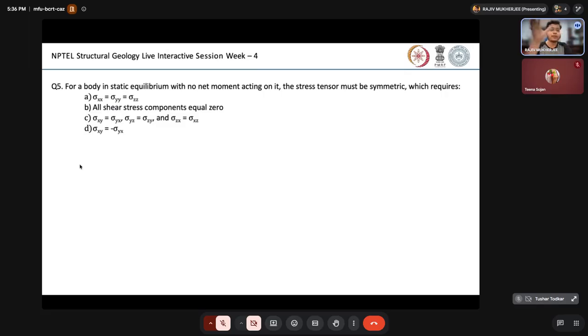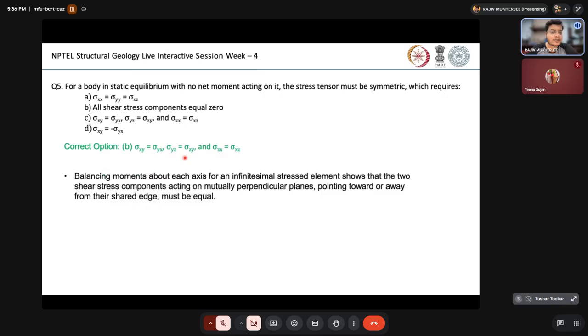So it will simply represent a rigid body rotation, and that is not an equilibrium condition. So that's why we need equal magnitude and equal direction components, and that is why option C is correct, because these are mathematically equal. These maintain the symmetry, and also they balance the moment.